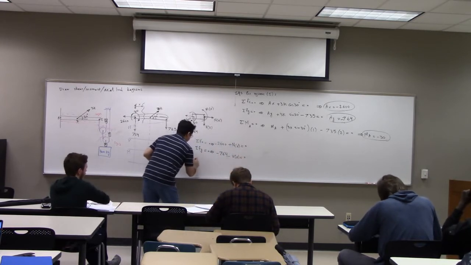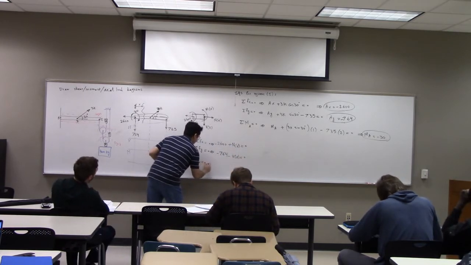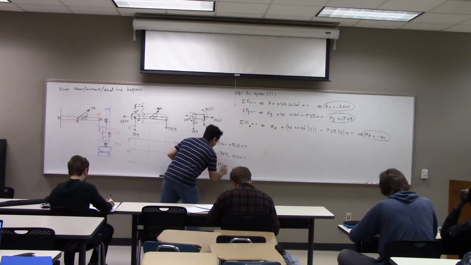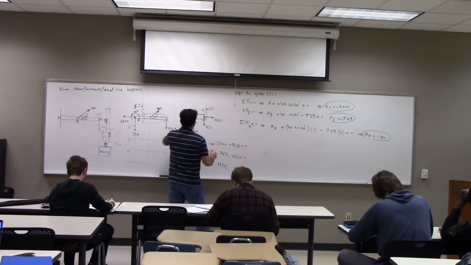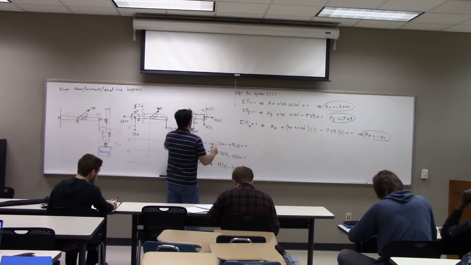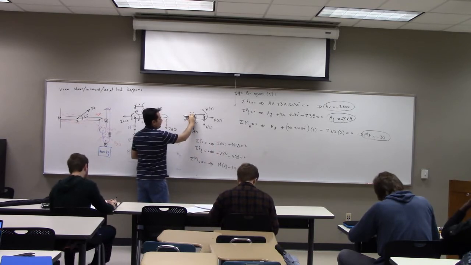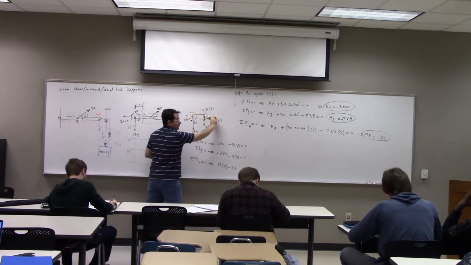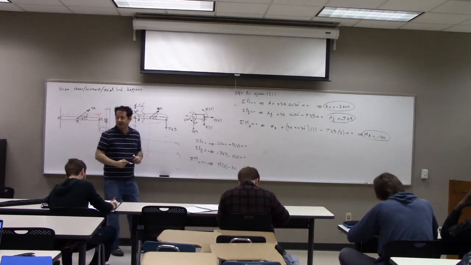And summation of moment at any point, we shall take X, is 0. Then I get positive M of X, negative 30. What about the moment of 2,600? It goes through that point, so the moment is 0.